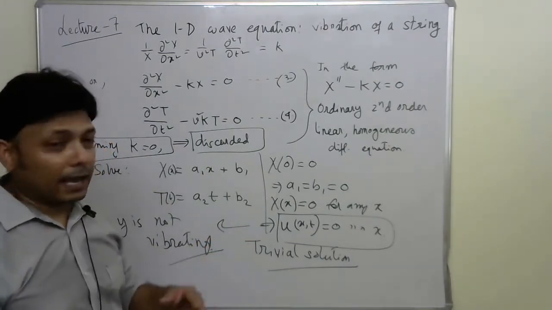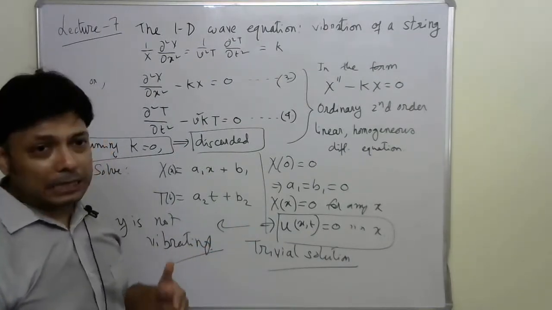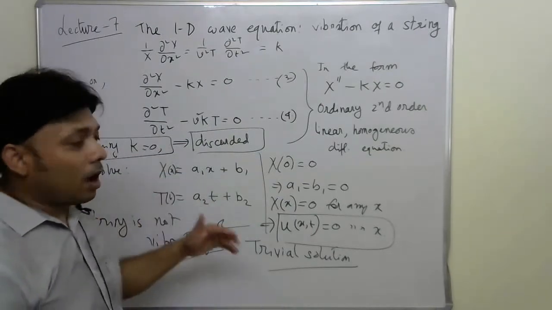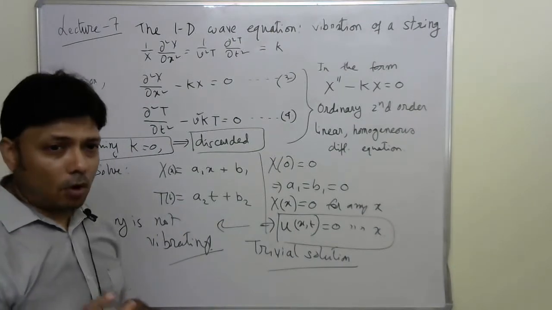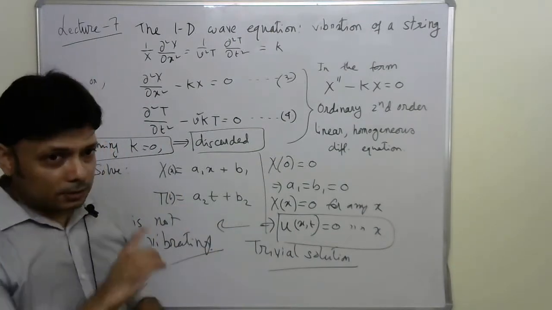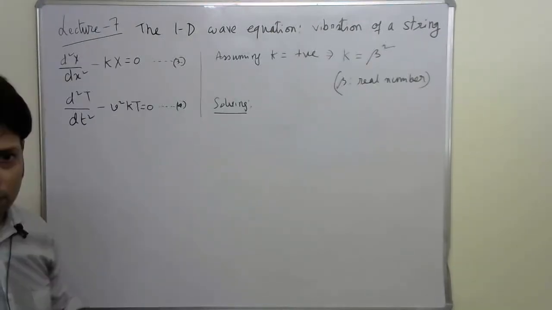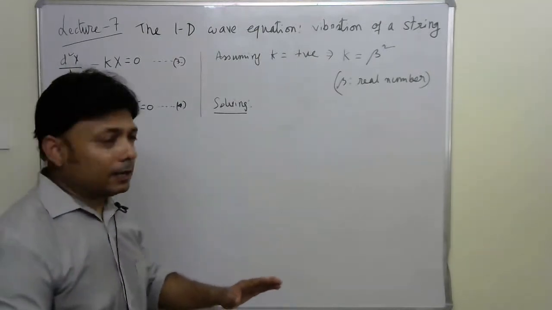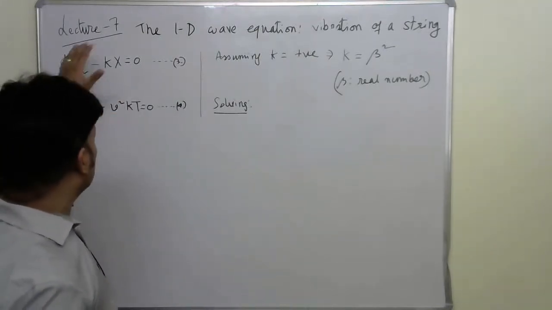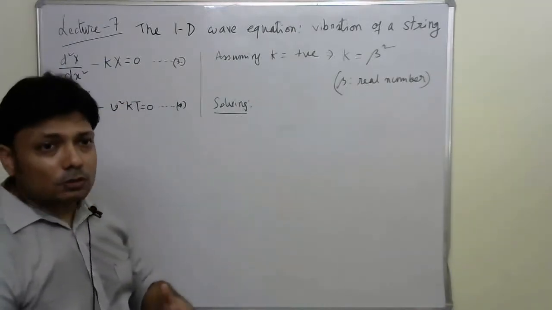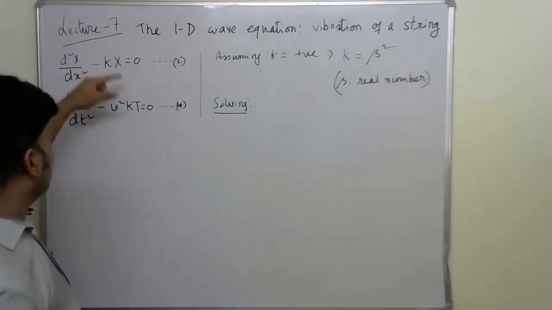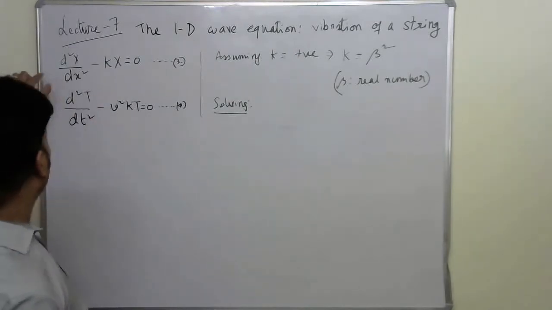So k can be positive or k can be negative. So let's figure it out. Our second option: what if k is positive? Let's work it out here. Once again, let's try to solve the two equations by assuming k is positive. These are the two equations I have written once again.